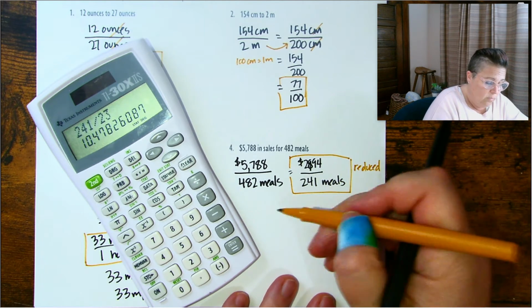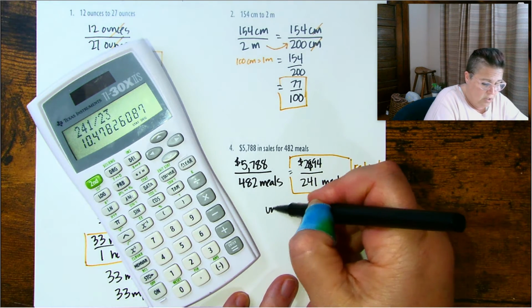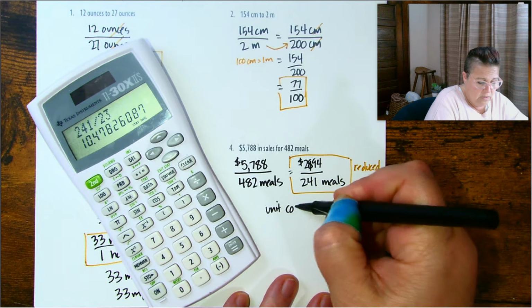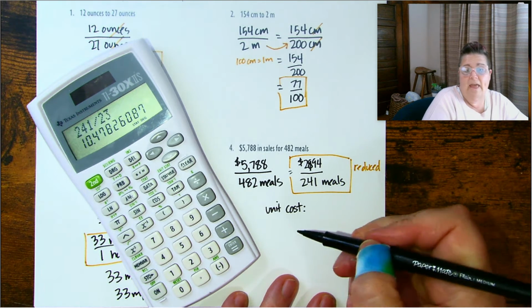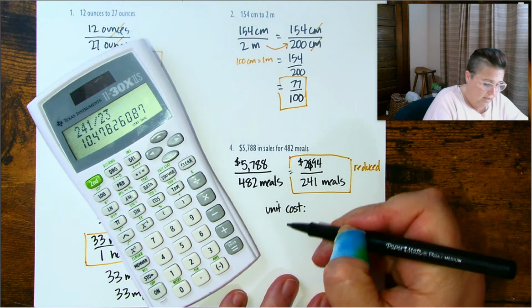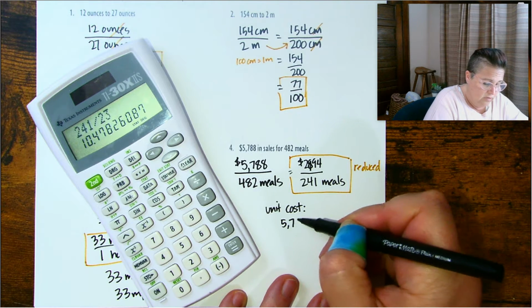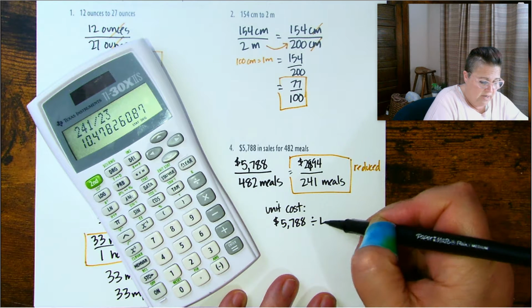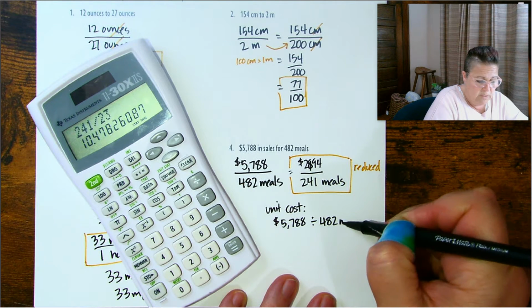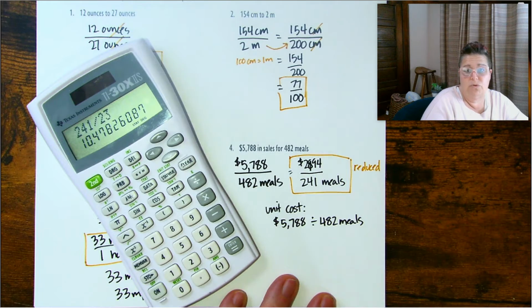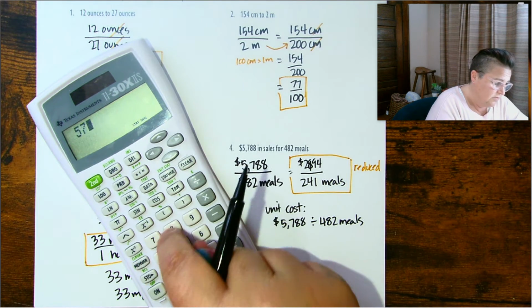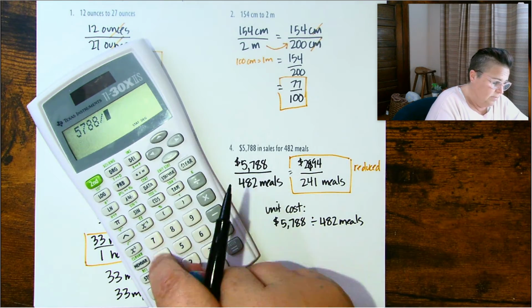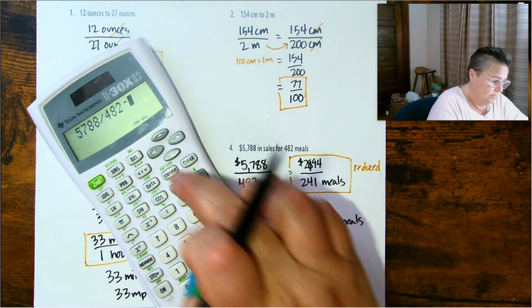Now, if I want the unit cost, then I would take the $5,788 and I would literally divide it by 482 meals. I would do the actual division, not just reducing, but I would do the actual division. 5788 divided by 482. Oops.